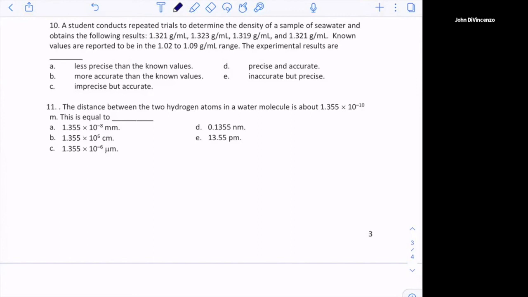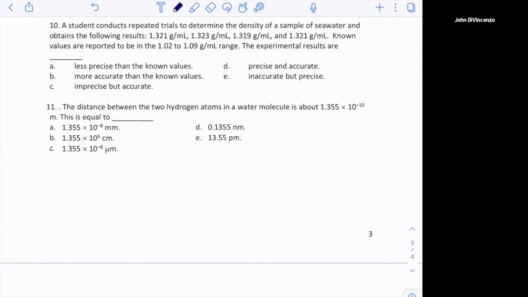And 3 of them have 1.32, and the other one is 1.319, which is very close to 1.32. So these are pretty precise. But the range is 1.02 to 1.09, so they're not particularly accurate. They're way off.